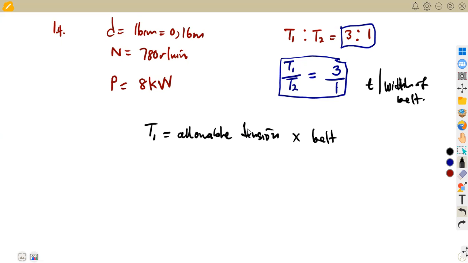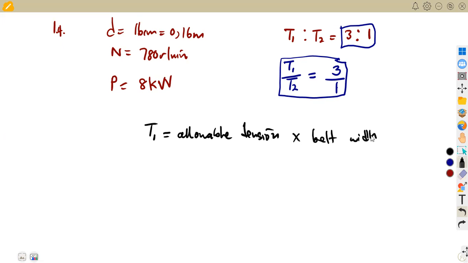So in order for us to have the exact tension, which is our T1, we are supposed to use the allowable tension per width of the belt times the width, because per means over. It's like we've got T1 over the width. The moment we multiply by the width, it will cancel. So to remain with T1, it's going to be the allowable tension times the belt width.